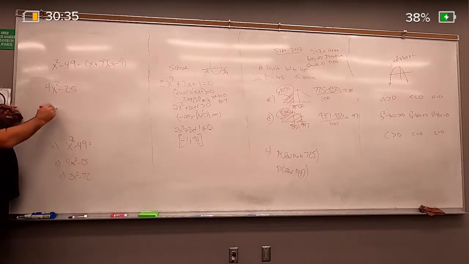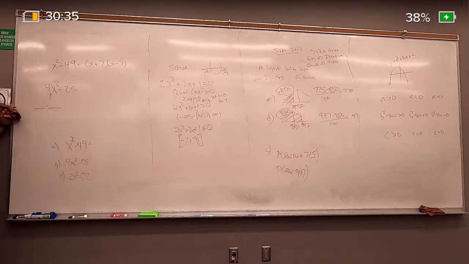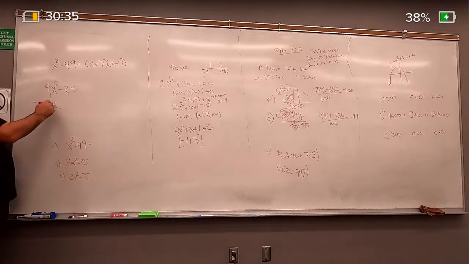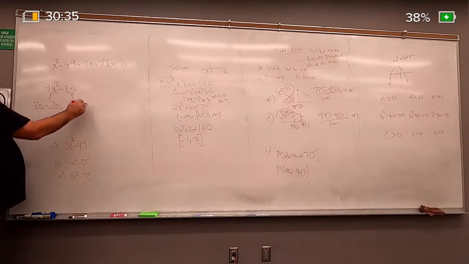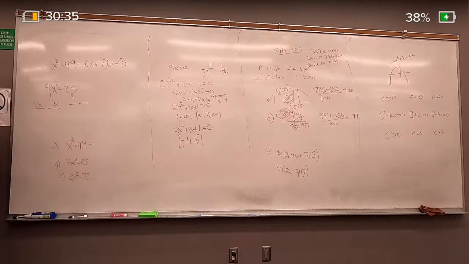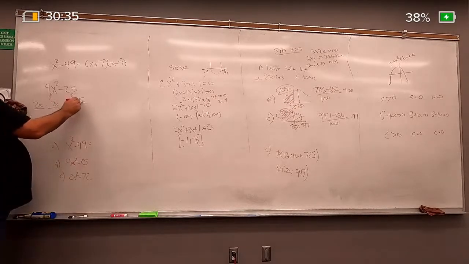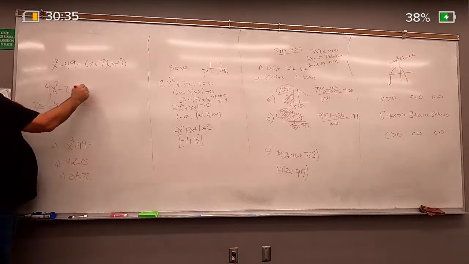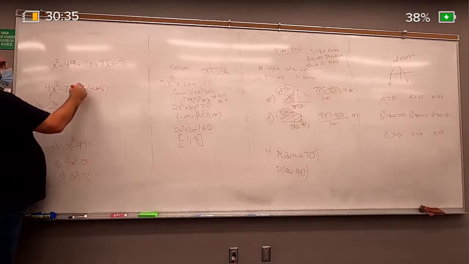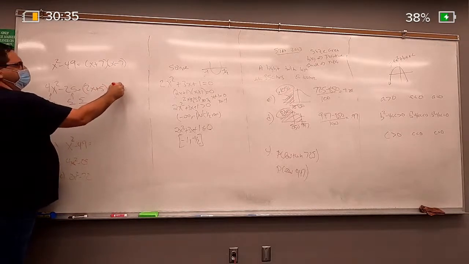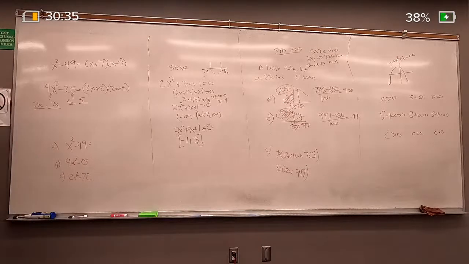What number times itself gives you 4x squared? 2x, right? What number times itself gives you 25? So what will this be? 2x plus 5, 2x minus 5. Okay?